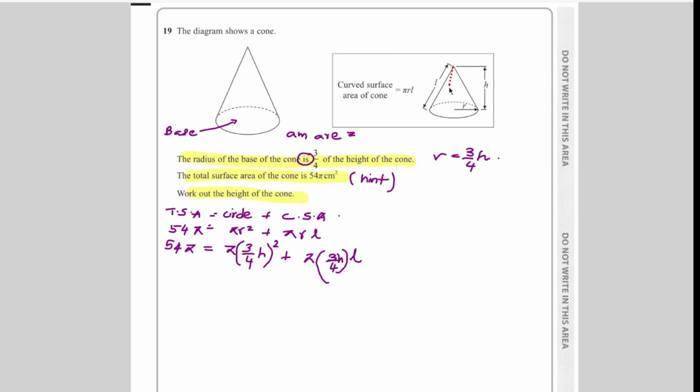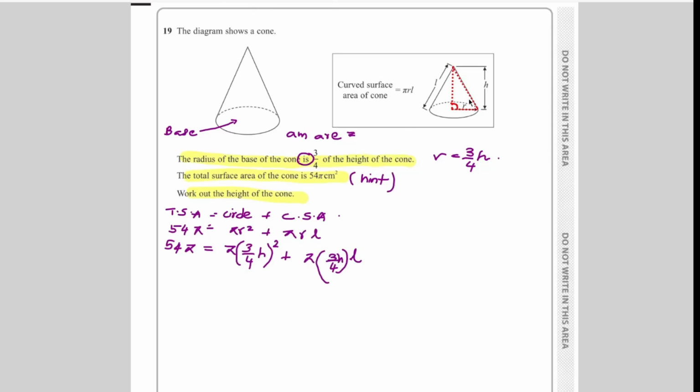Can you see there is a 90-degree triangle in the cone? Always there is a 90-degree triangle in a cone. Remember this: when you've been given a cone, there is a 90-degree triangle embedded in it.